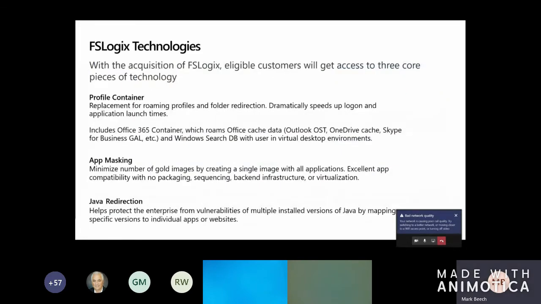So Microsoft made the acquisition of FSLogix Technologies, and they've used that technology in three ways with Windows Virtual Desktop. The containerized profiles replace user profiles, and they increase the efficiency of the logon time, as I said. So that's a great add. They've also used the app masking process, which means that you can have one gold image.